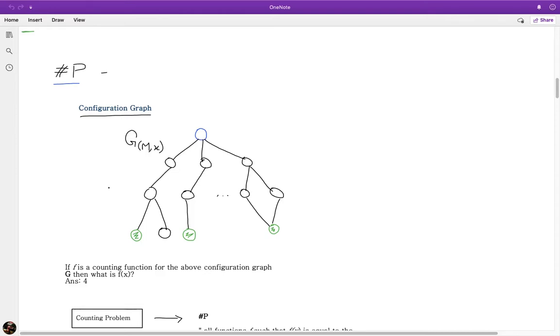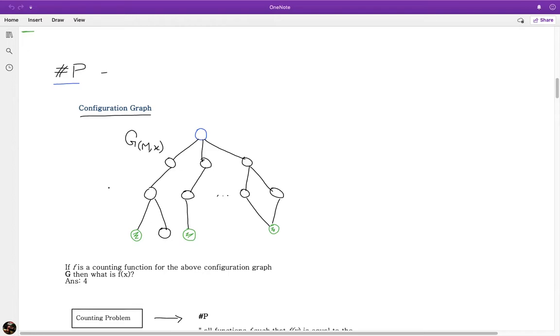We have discussed that we can draw a graph for such transitions and the whole set of possibilities of transitions. Here, the configuration graph is a graph with the first node being the initial configuration of the Turing machine M, and the neighbors of this node are all the configurations which can be reached from the initial state on an input.